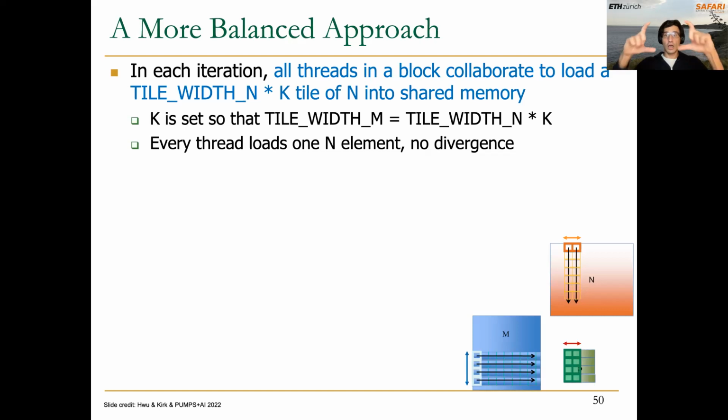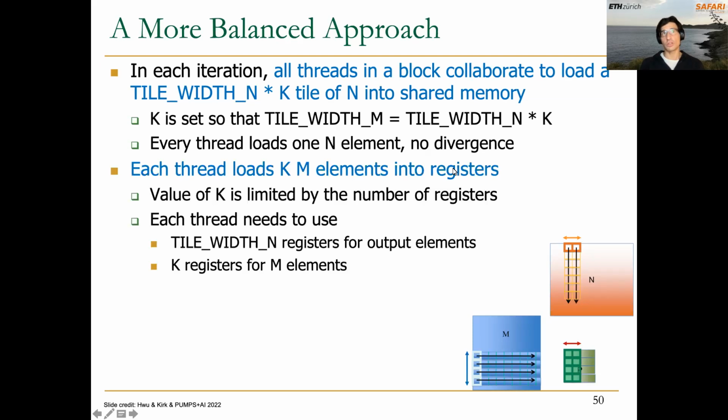So now we are loading an entire tile, not just a single row of the tile of N. We load a 2-dimensional tile into shared memory, and the size of this tile is given by tile width M indeed. So K is set in a way that tile width M, which is the number of threads that we are really using in the thread block, is equal to tile width N times K. So this way, every thread loads one element of N, and there is no divergence. And each thread as well loads K elements of M into registers.